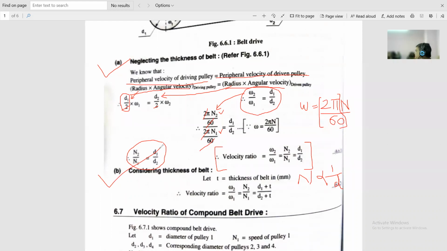Now if the thickness is considerable, meaning your belt length may be 50, 60, 70 centimeters, 500, 700, and if your belt's thickness is 50 mm, 30 mm and so on, then it is considerable. When it is considerable, then you just need to add the thickness in the diameter.